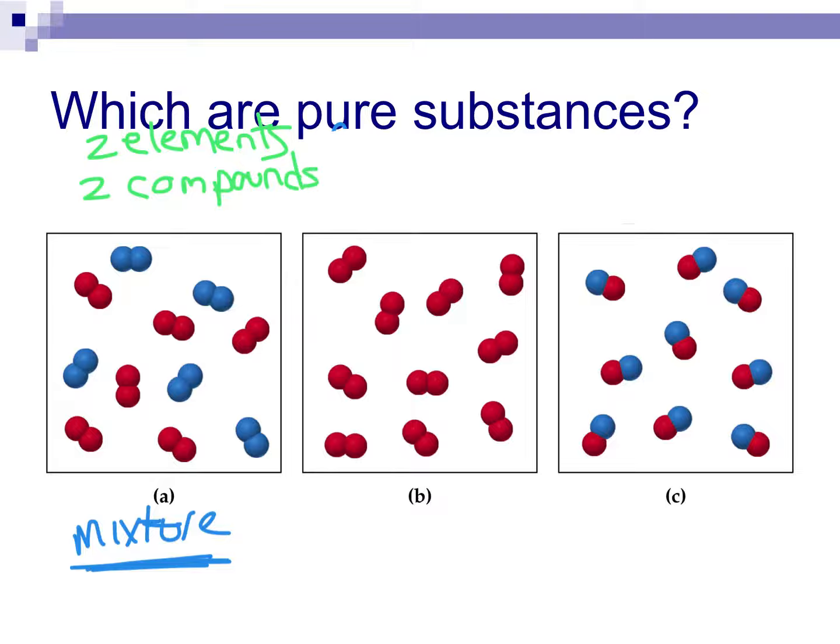Or do you believe that there are both elements and compounds present there? Think about that. For letter A, is that a mixture of two elements, or is that a mixture of two compounds? This is tough because this is all new to you.